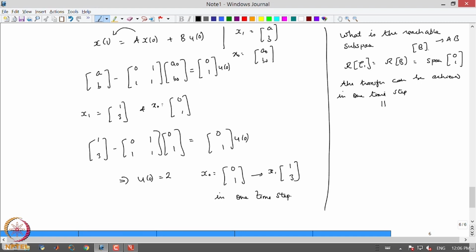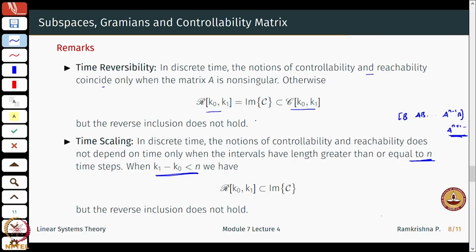Okay. The same transfer can also be achieved in two time steps. And therefore, we go back to what we were saying here, right.